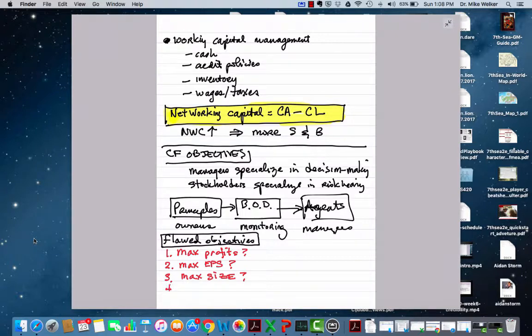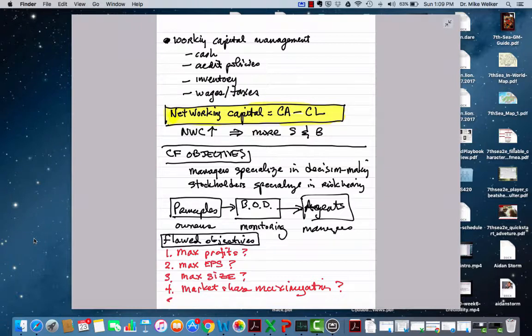Maybe market share maximization. Some firms in the past have tried this. Market share, at what price? Are you going to attain your market share at the price of cash flows or risk? This also might not be in the shareholders' best interests.